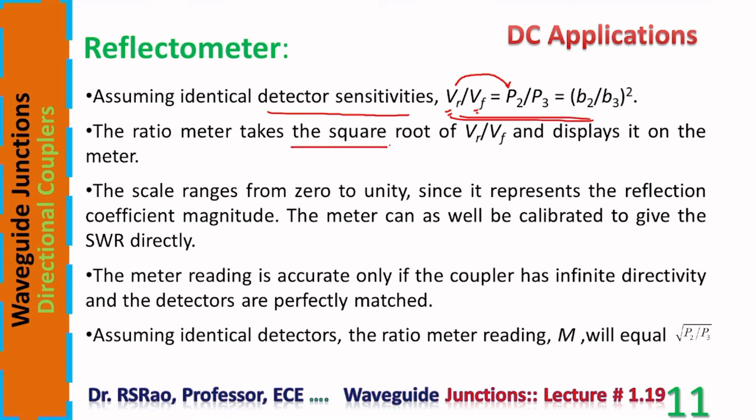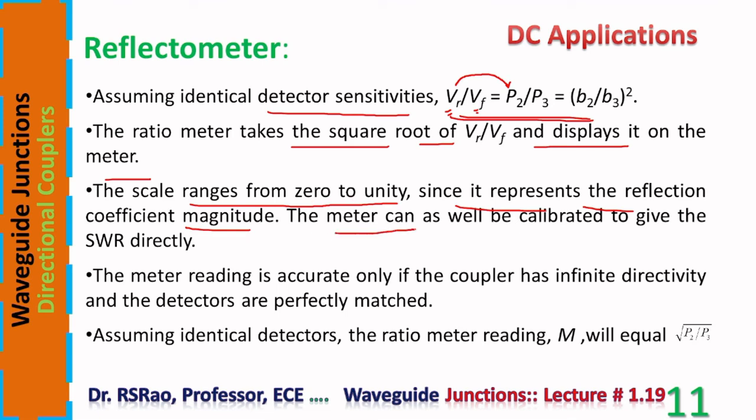The ratio meter takes the square root of VR by VF and displays it on the meter. The scale ranges from 0 to unity since it represents the reflection quotient magnitude. Reflection quotient magnitude varies from 0 to 1; it cannot be more than 1. Therefore, the scale has numbers from 0 to unity.